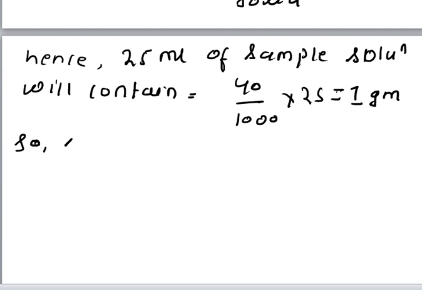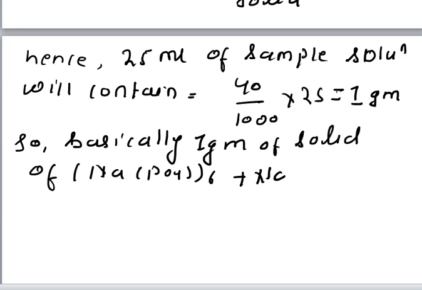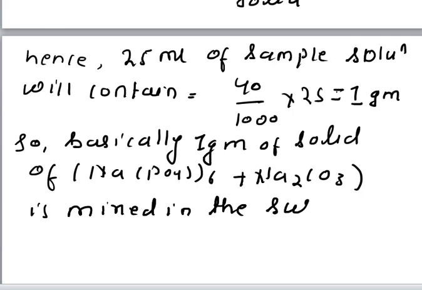So basically 1 gram of solid of sodium hexametaphosphate plus Na2CO3, sodium carbonate, is mixed in the suspension volume.